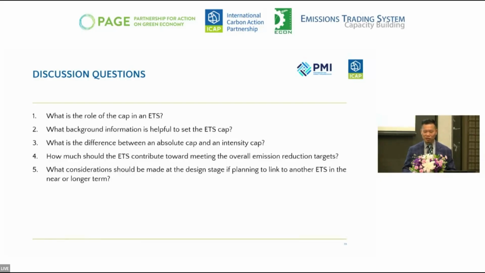What is the role of the Thai ETS, and what background information is needed to set the cap for the Thai ETS? What is the difference between absolute and intensity caps, how to choose, and how can this ETS contribute to the overall emission reduction target? And is there any plan to link to any other ETS? And if so, what should we prepare for that?